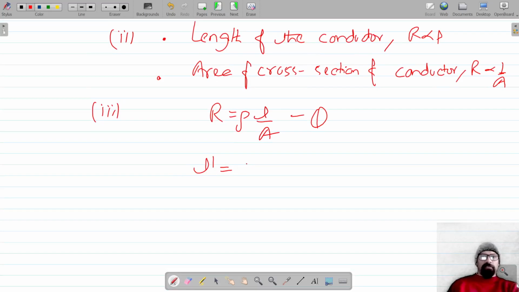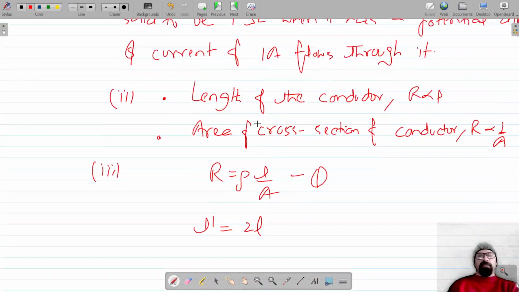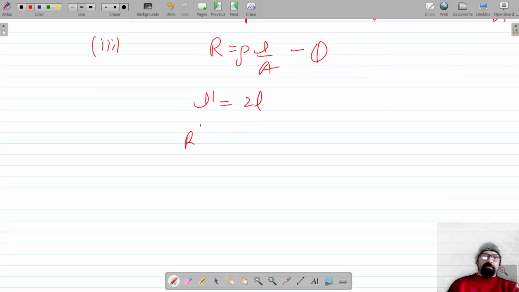Now new length is 2 times L. The length is doubled, so the new resistance is rho into L dash by A, and new length L dash is 2L. So let's take 2 out.